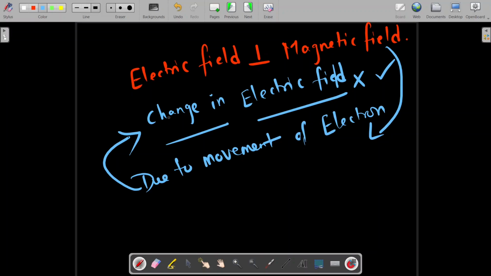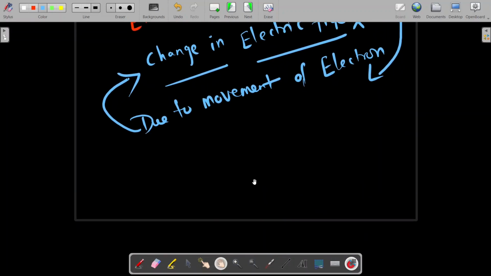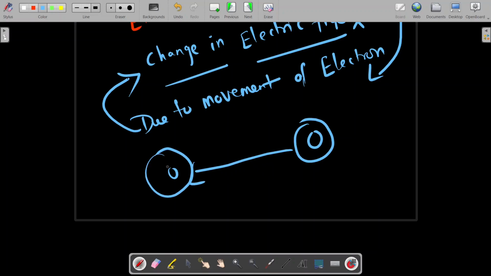Okay, next, see here again. Due to change in electric field, there is a creation of magnetic field. See here, the electric field is going to change while moving, due to the electric field spinning.